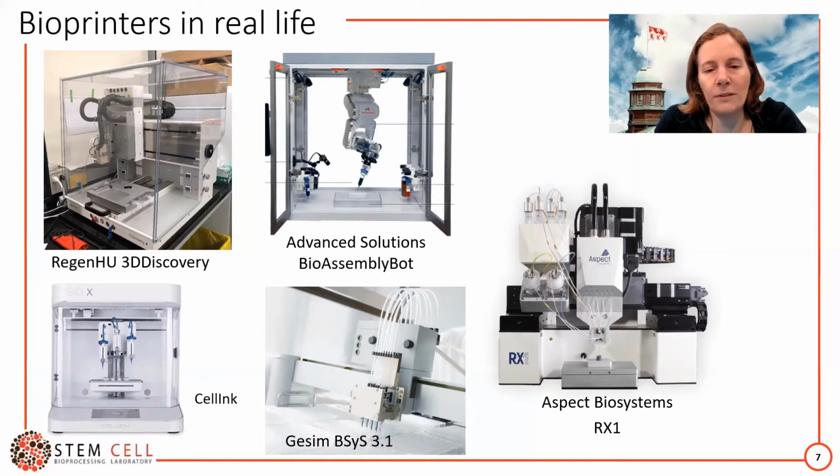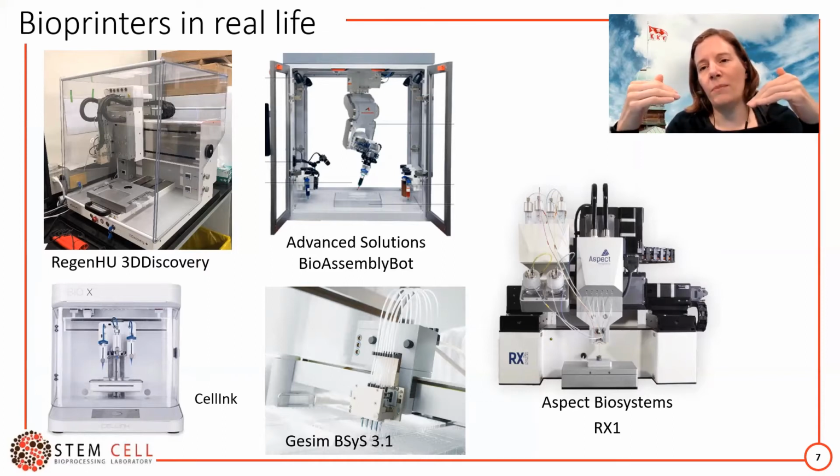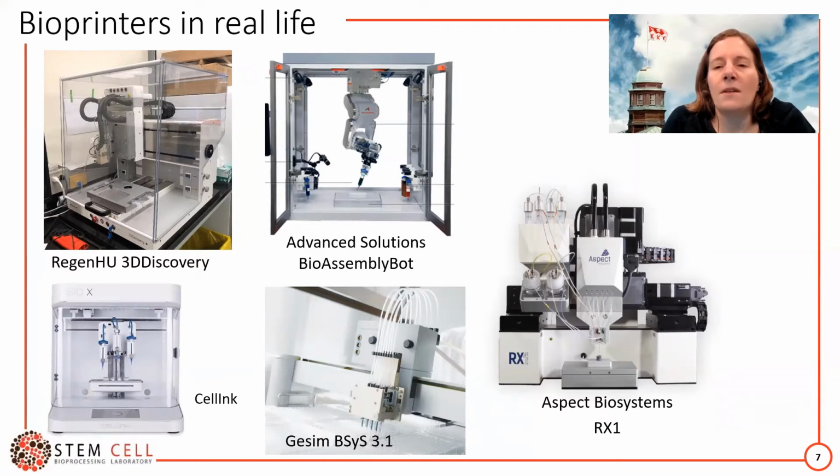We also have on campus a droplet-based system that I mentioned earlier, the GSIM that's shown there. And we have an RX1 printer, which is based on microfluidics. So it's also a type of extrusion, except that it's based on flow focusing. This is not all the printers that are available, but those are some of the technologies we have on campus.